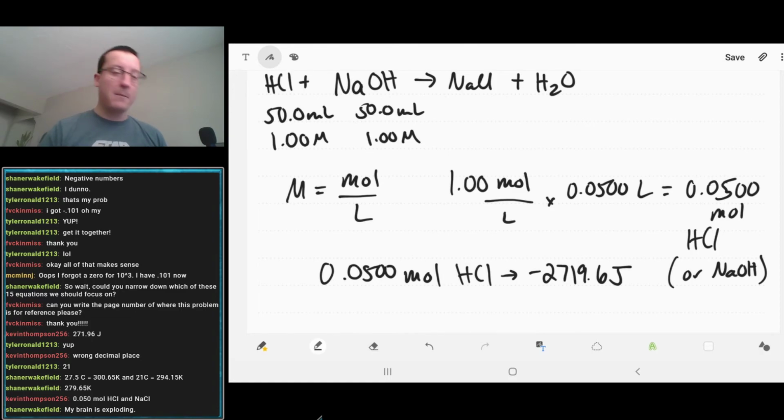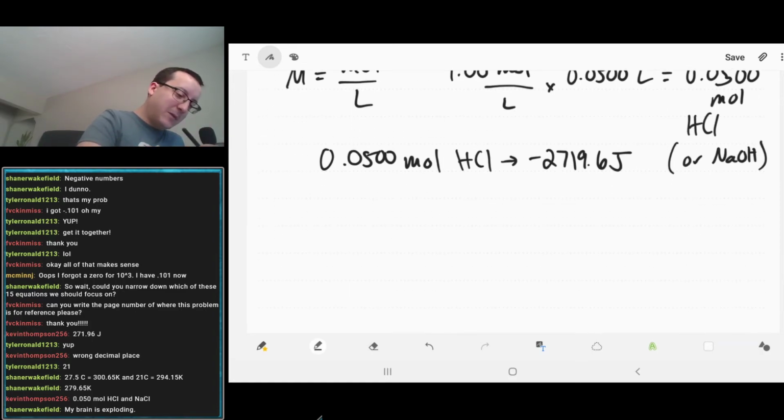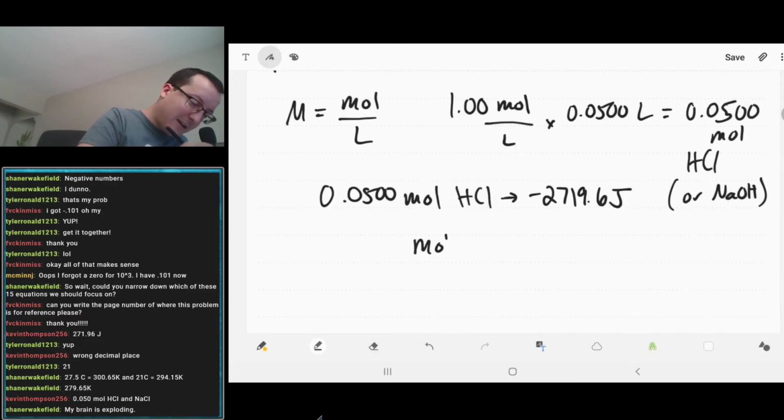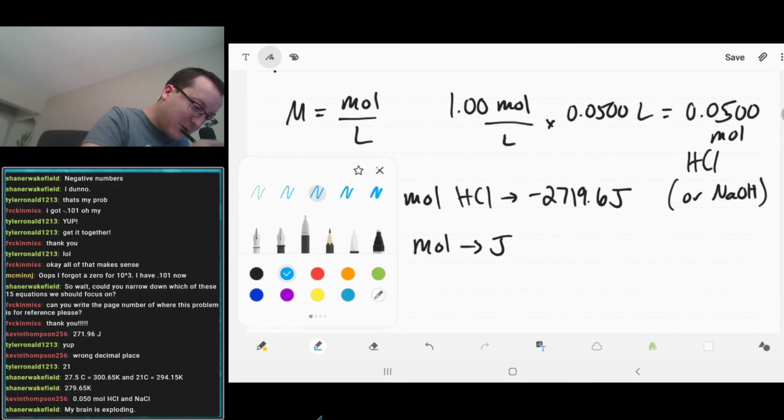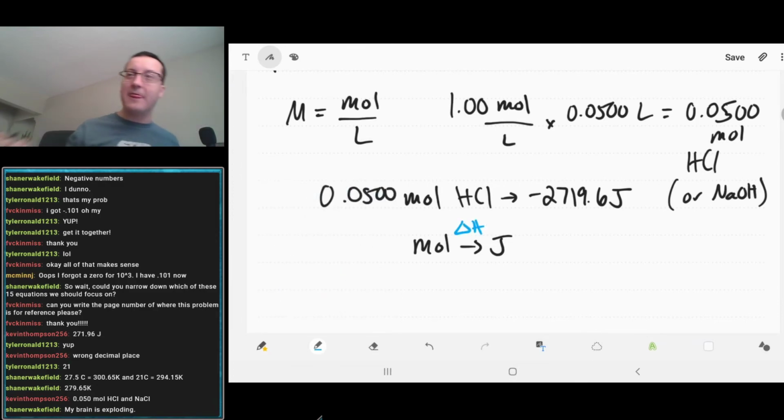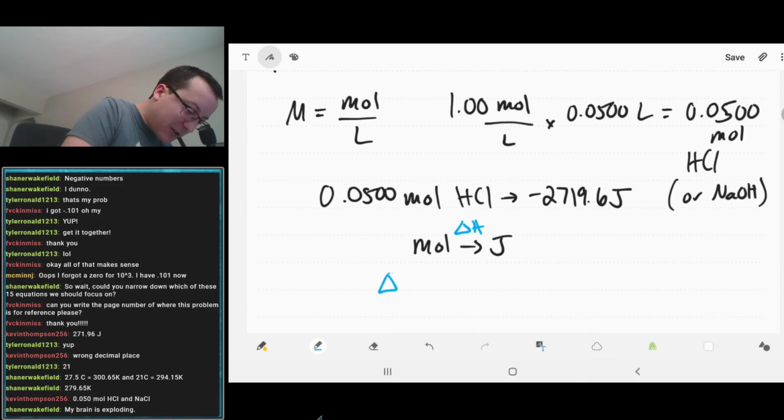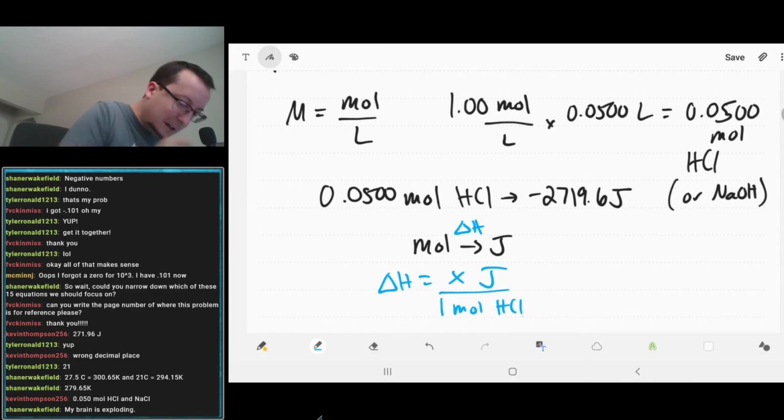And so, remembering that we have a conversion factor for moles to kilojoules, right? And that is where our delta H is going to come from. And so, we know that delta H should be some amount of joules per 1 mole HCl.